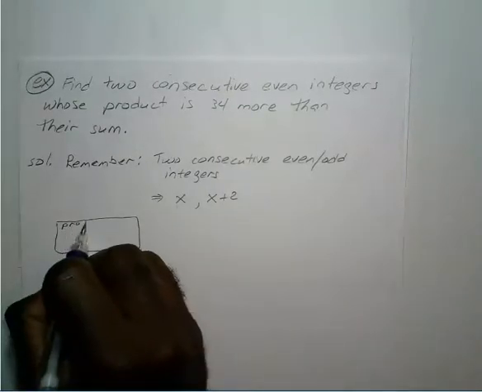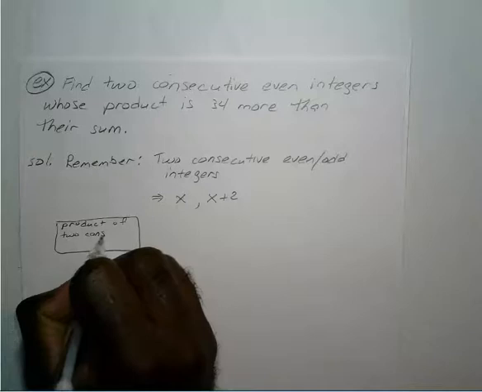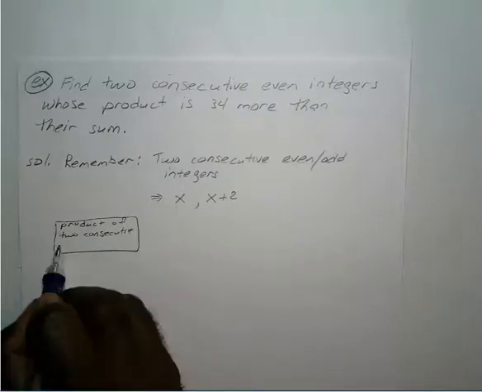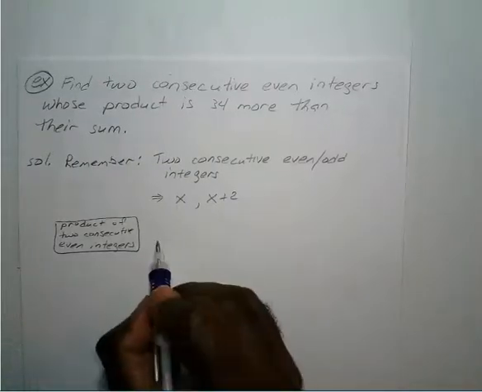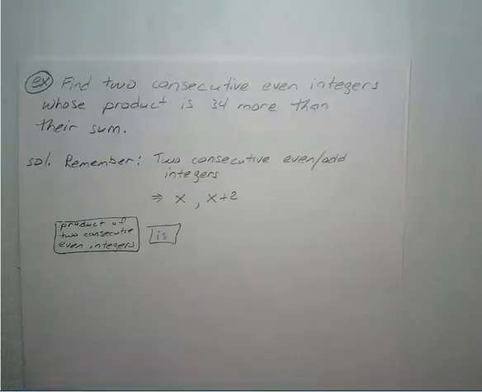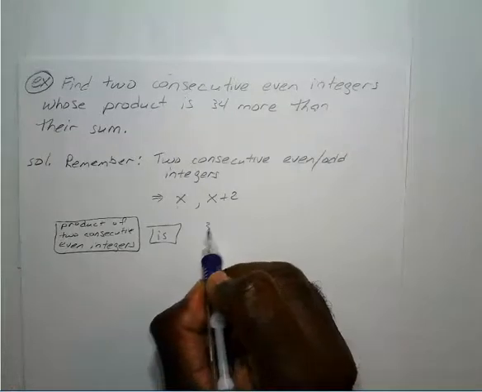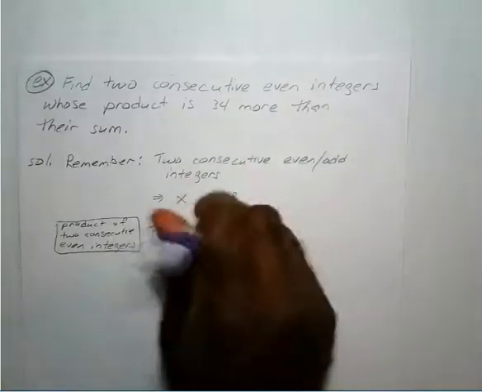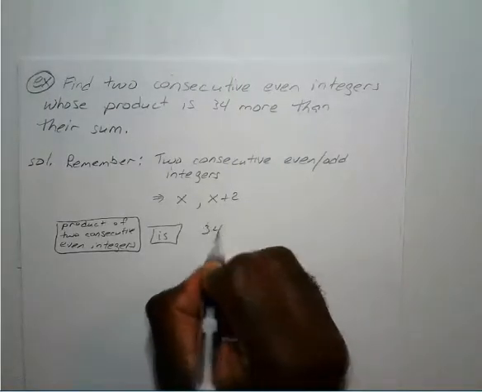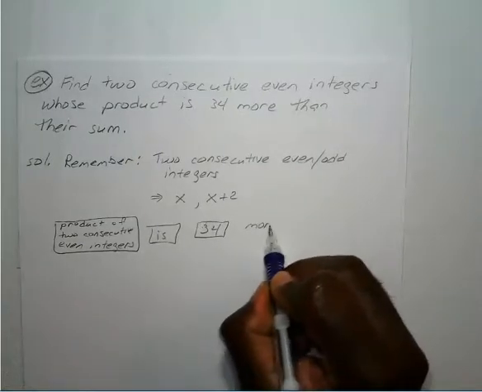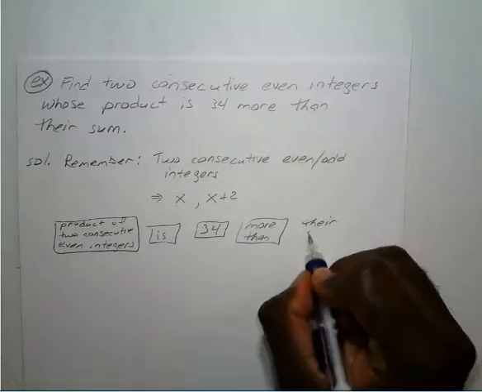So you have the product of two consecutive even integers is 34 more than their sum.